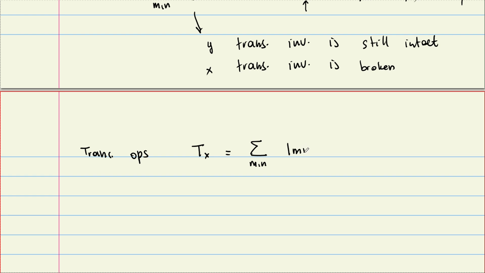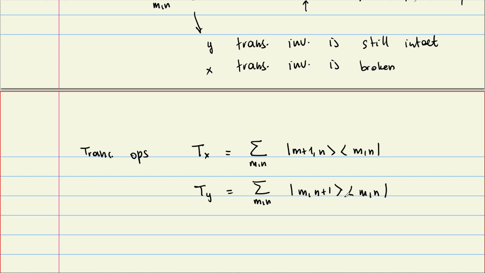So this is the sum of m plus 1, n, m, n. What this does is takes you from mn and puts you at m plus 1. And Ty is equal to the sum of mn plus 1, mn. If we didn't have any Peierls phases, this would be the end.